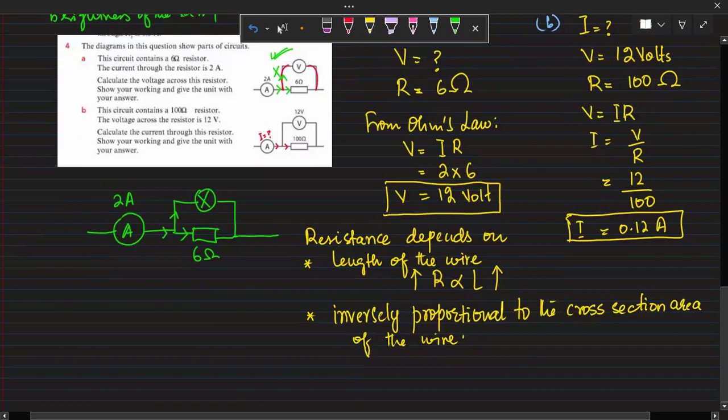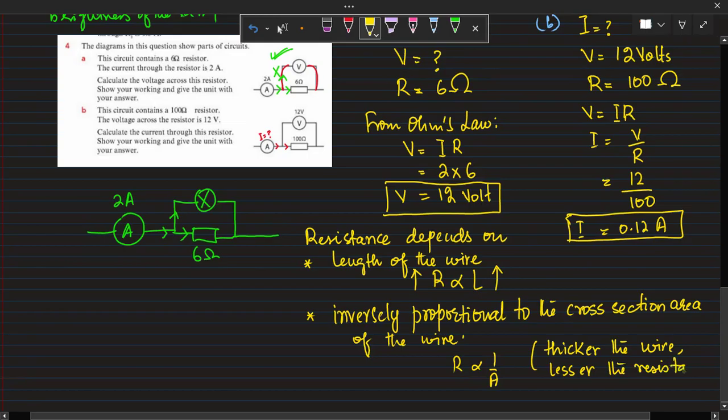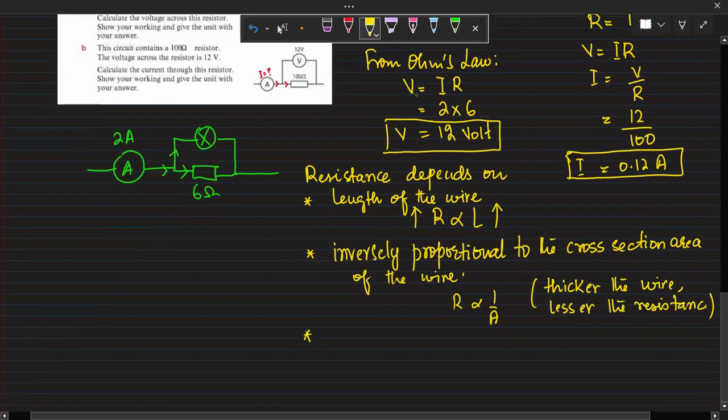That means thicker the wire, lesser the resistance would be. Thicker the wire, lesser the resistance would be. Right?